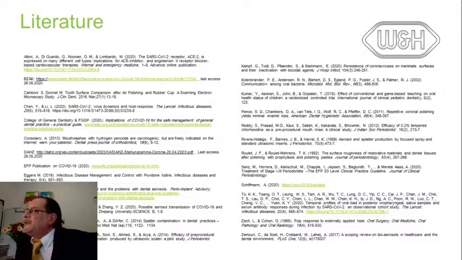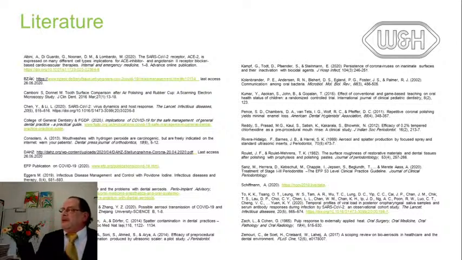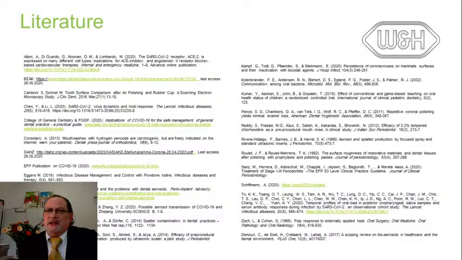If a patient needs periodontal surgery, osseous contouring for crown lengthening, what extra precautions do you take? I think this is really a procedure that is connected with high aerosol production.